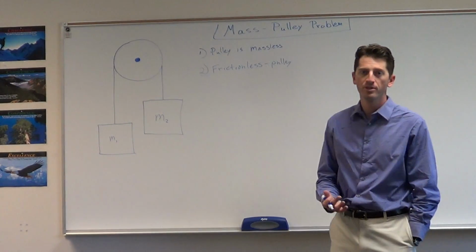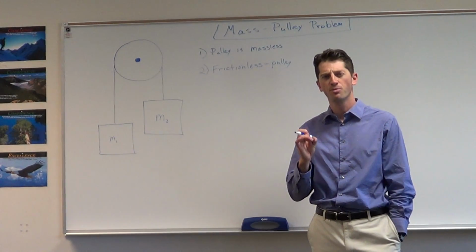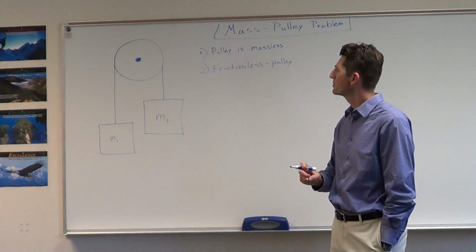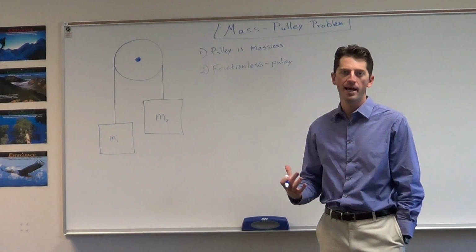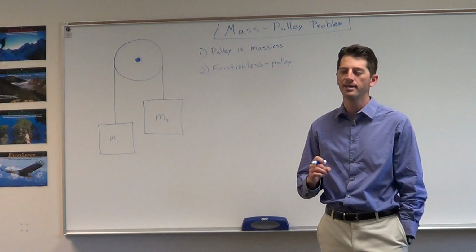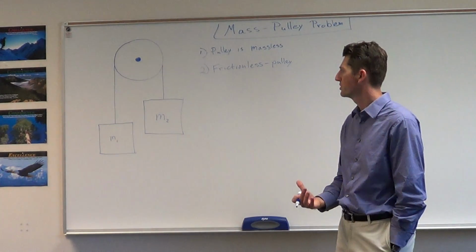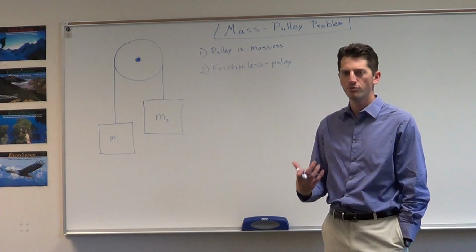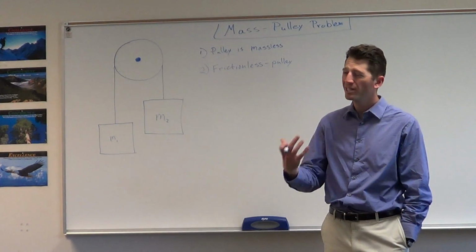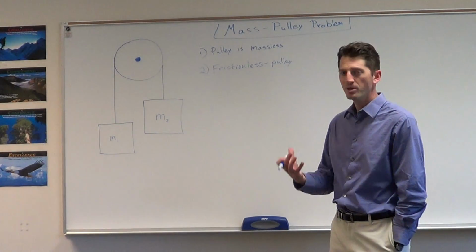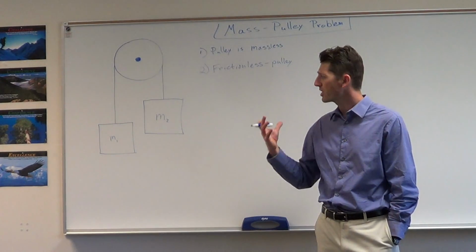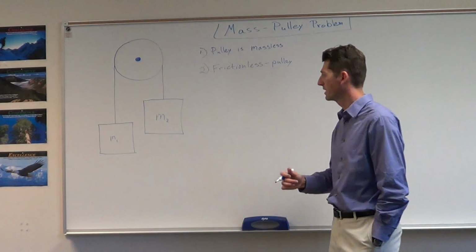But in the lab, you'll be using pulleys that are very small, so they're going to have very little mass, and because they have a small radius, they're not going to have any large moment of inertia associated with them as well. And they're going to have really good bearings in them, so they'll be close to frictionless. This will be really close to your actual results in lab.